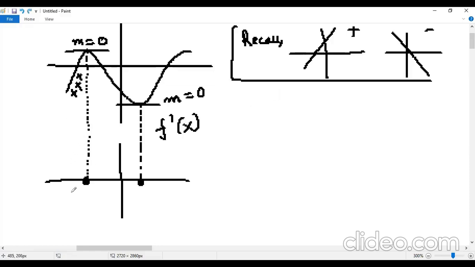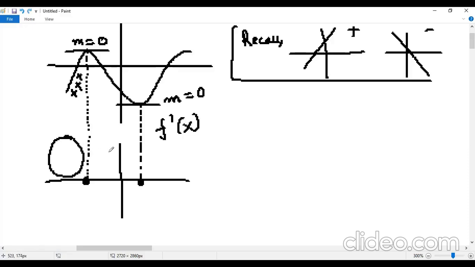And so if it's positive, it shouldn't be down here in this region. In this region at least, it should be positive, so it should be above the x-axis. So we're going to say it's going to be somewhere in this region.